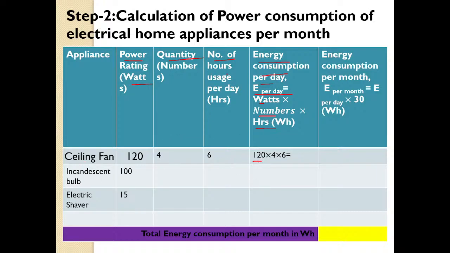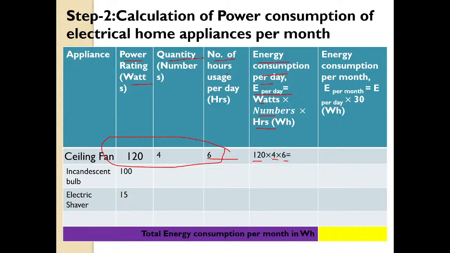How many ceiling fans are there? According to me, there are 4. How many hours is each ceiling fan operated? For 6 hours. So power rating into quantity into the number of hours the appliance is turned on, so 120 into 4 into 6. Just multiply these 3 terms and you will get the energy consumed per day.